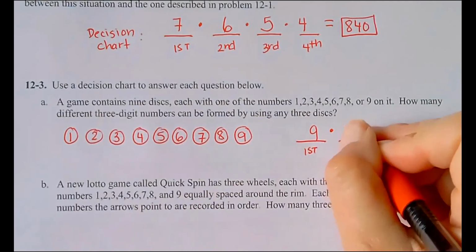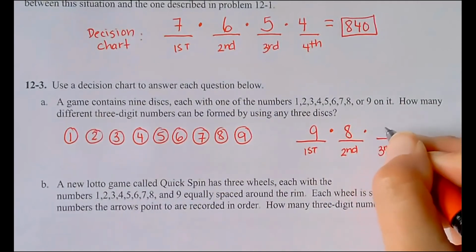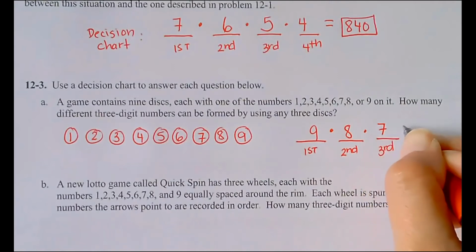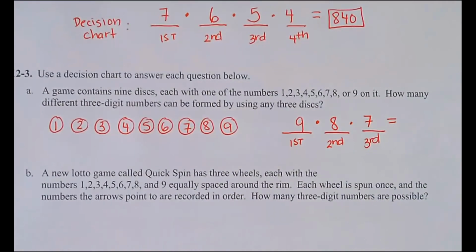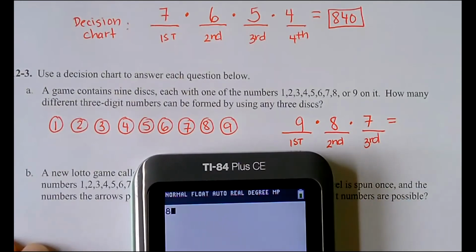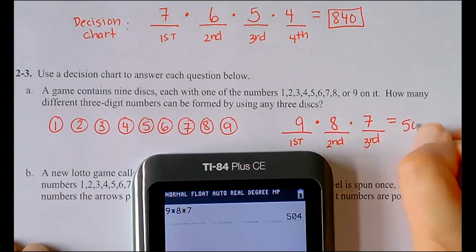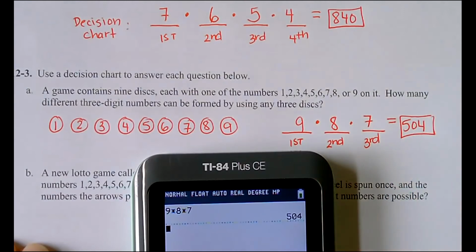I now have 8. And then the next time I have 7. So I'm going to be multiplying this out. So I'm going to take 9 times 8 times 7, and I end up with 504 different 3-digit numbers using this method.